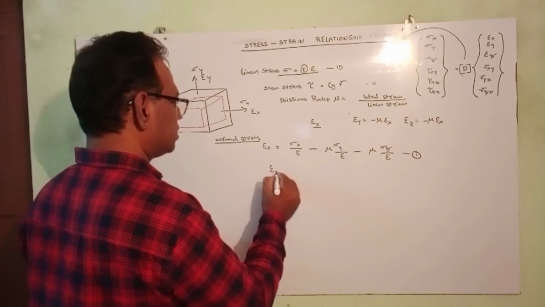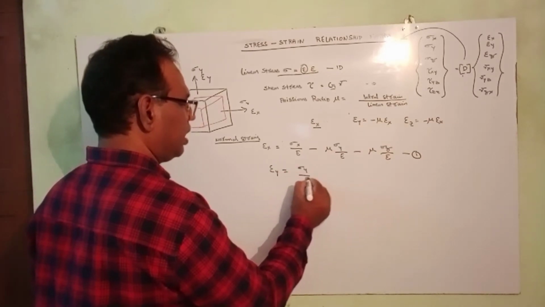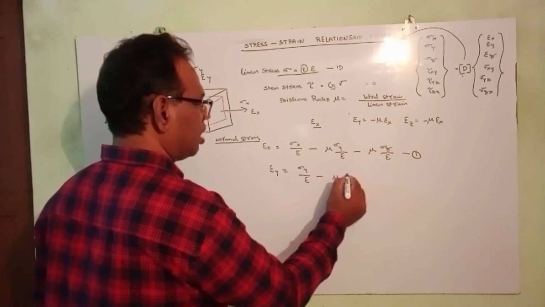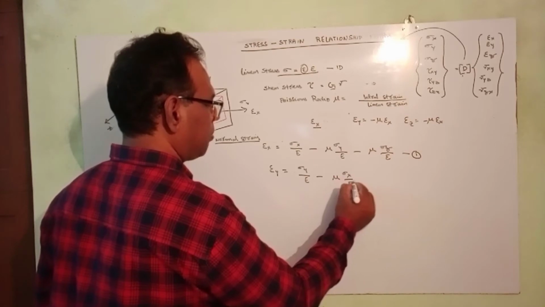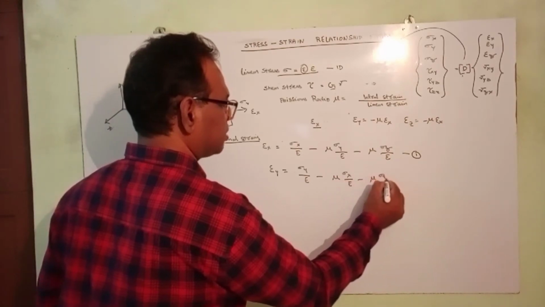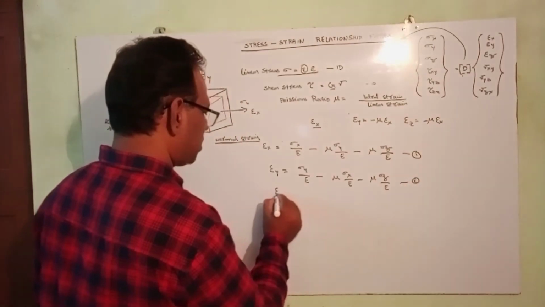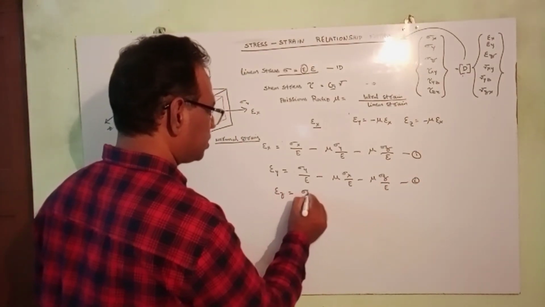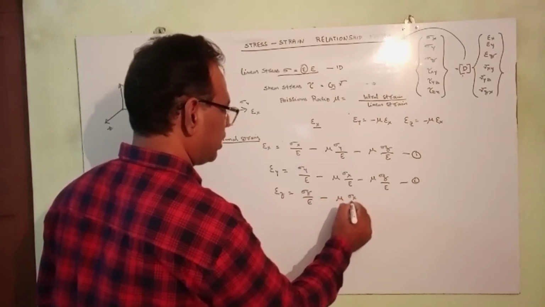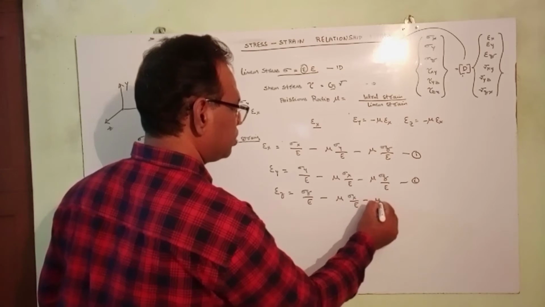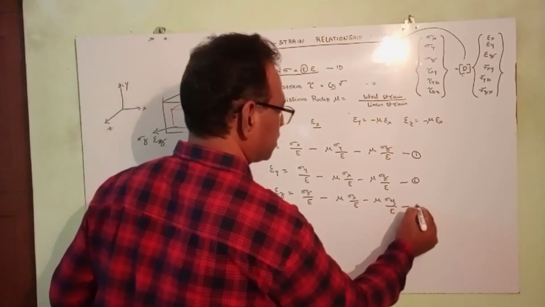And similarly the strain in the y direction is given by sigma y by E minus mu into sigma x by E minus mu into sigma z by E. This is equation 2. So epsilon z, the strain in the z direction, equals sigma z by E minus mu into sigma x by E minus mu into sigma y by E. This is equation number 3.